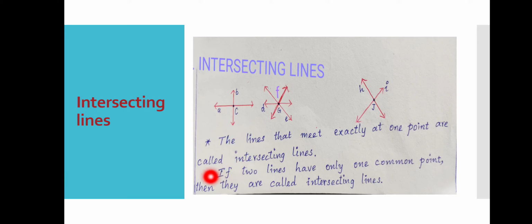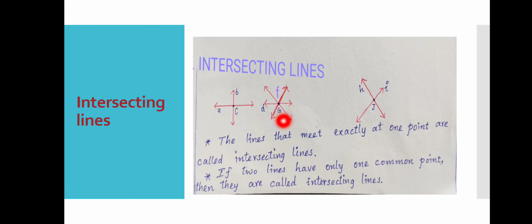In other words, if two lines have only one common point. See, the line A and the line B meet at the point C. Listen here, the lines are denoted by small letters A and B, and the point is denoted by capital letter C. Similarly, the lines D, E, F, which are in small case, meet at the point G.